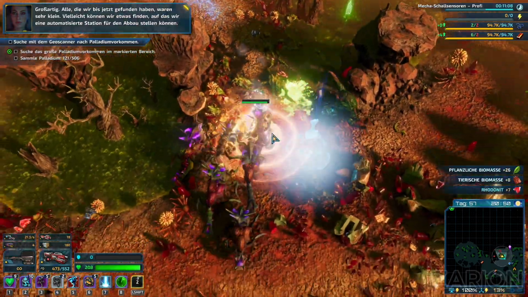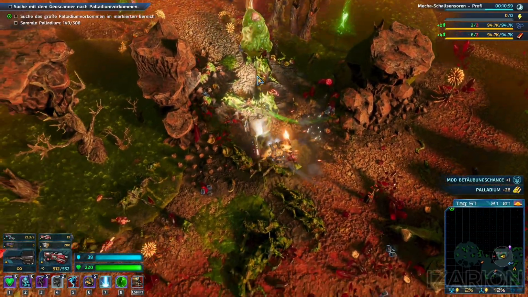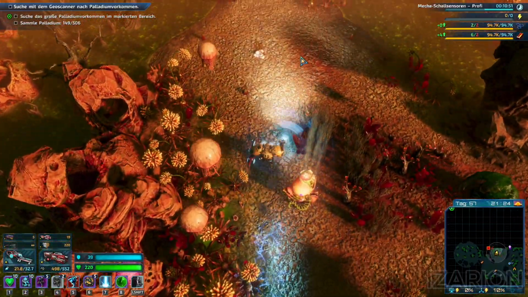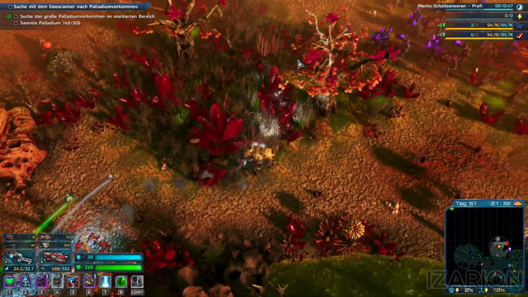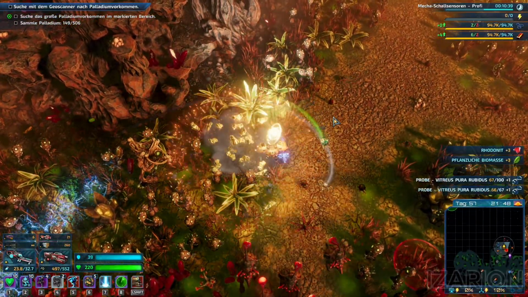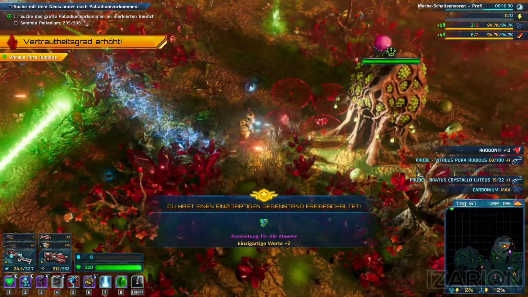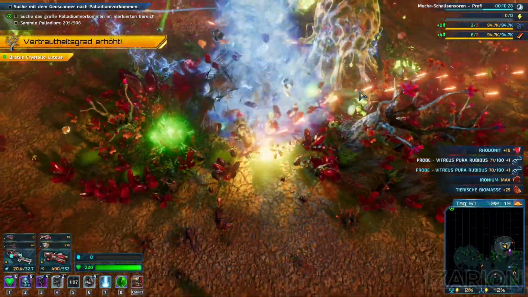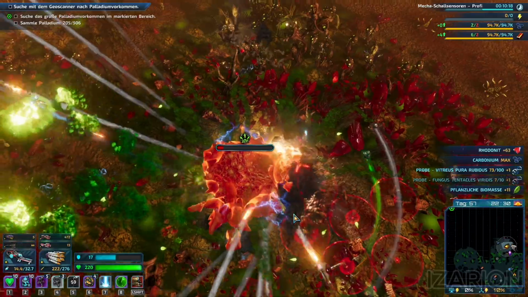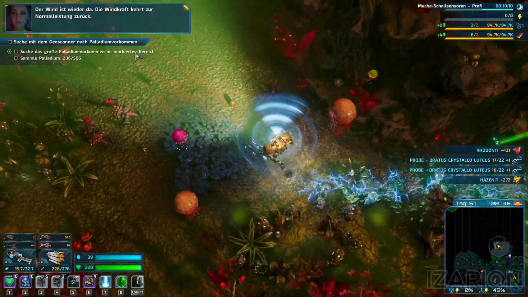Maybe we can find something that we can place an automated mining station on. The wind is coming back. Wind power is returning to normal.